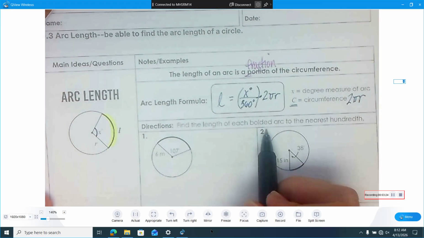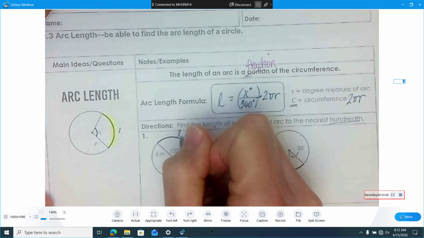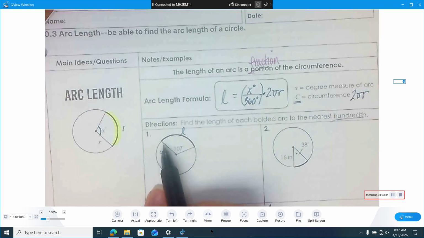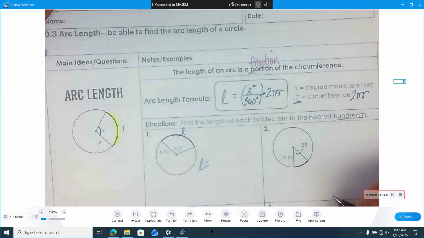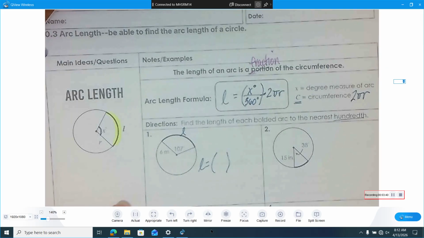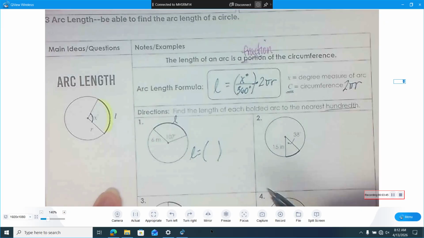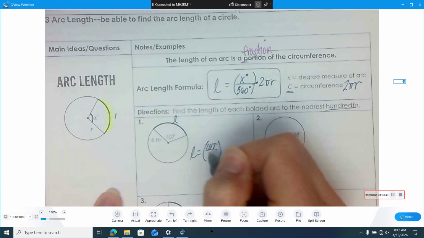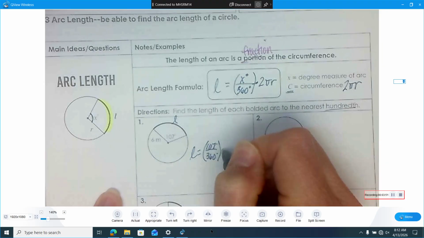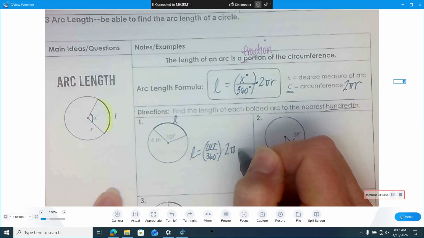We want to find the length of each bolded arc to the nearest hundredth, so you get to use your calculator. Here is the length of this bolded arc that we're looking for. L equals our fraction. What's our fraction? C equals 2 pi r. The fraction is 107 degrees over 360 degrees times circumference, which is 2 pi r.